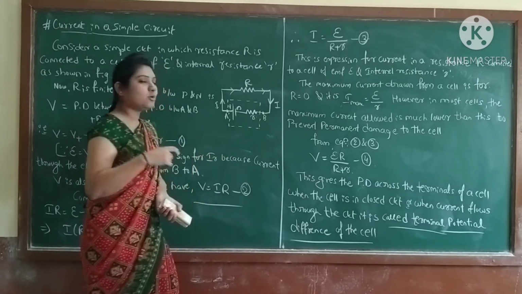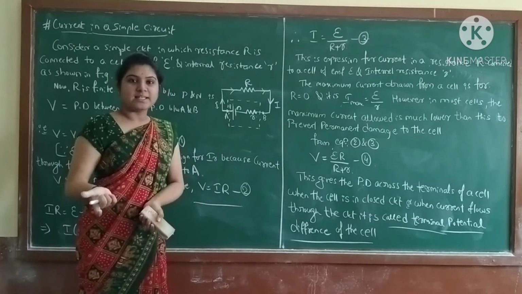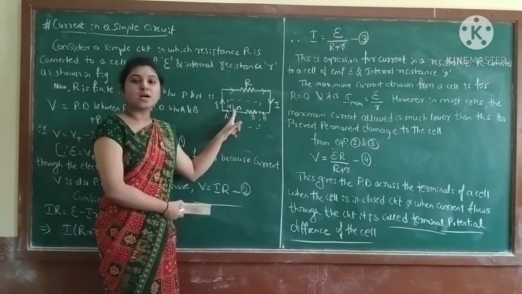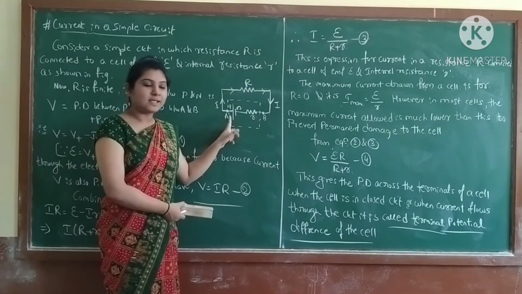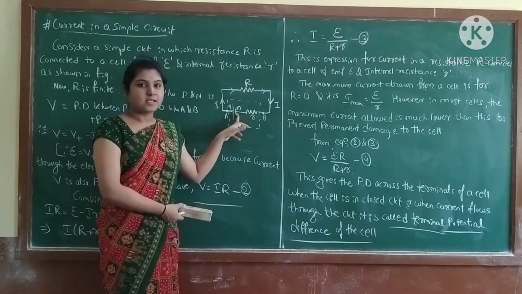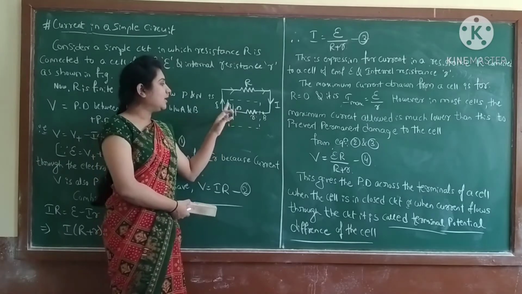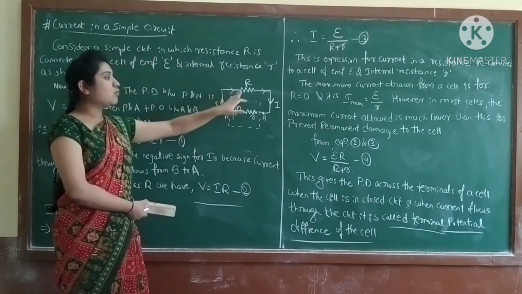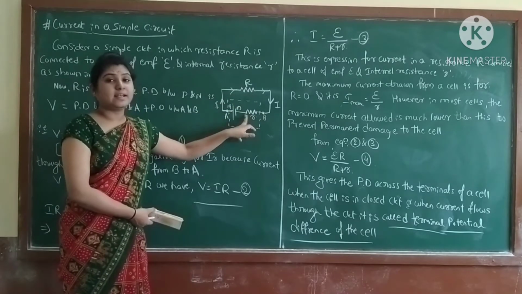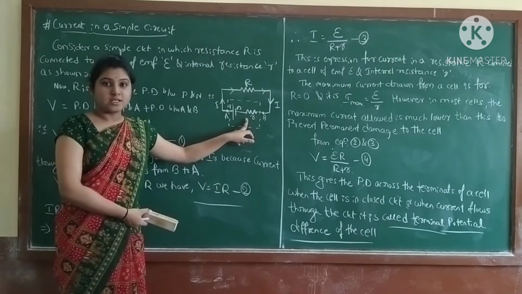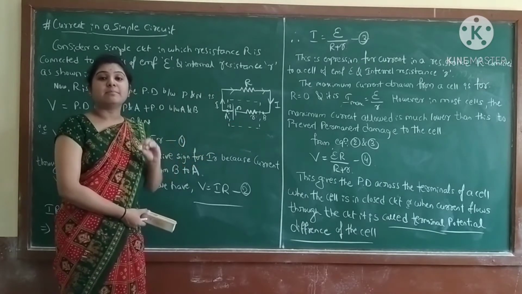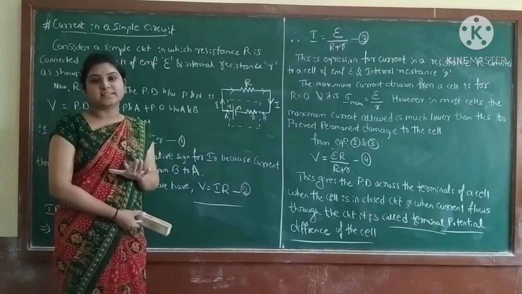As in the previous case, I considered the point A at the positive terminal P and the point B at the negative terminal N. Here again I consider one more resistor. See, it is the internal resistor. Through this we have measured the EMF, but again I am considering one more resistor here.